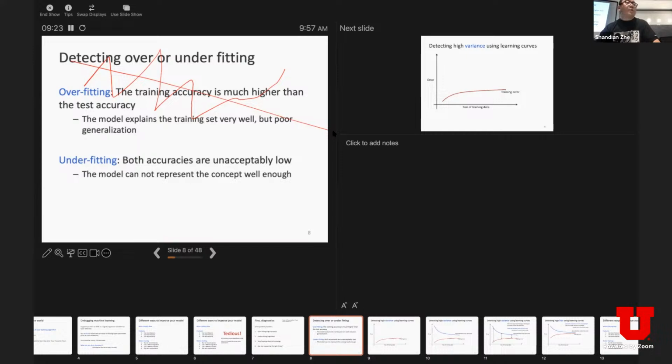So what will happen? What will the training error be like? What will the test accuracy be like? Yeah, both accuracies are very low, because your model is too simple, it cannot fit the data well. You don't expect your training accuracy to be high. Meanwhile, it won't work well for the test examples.